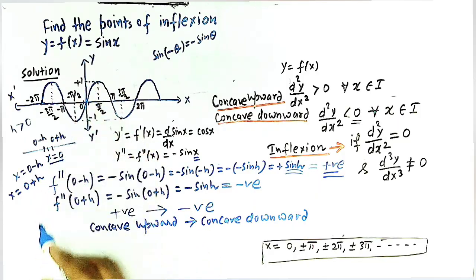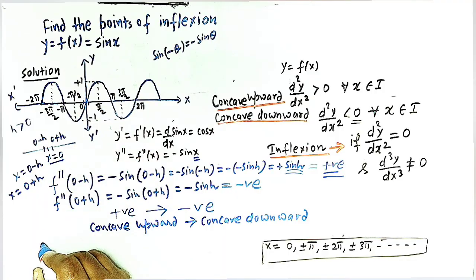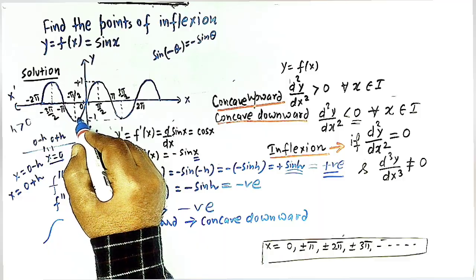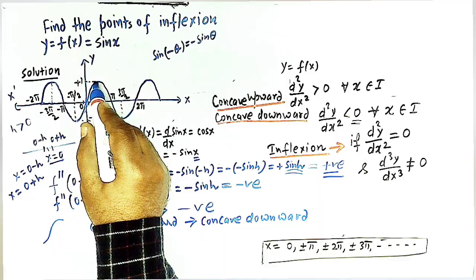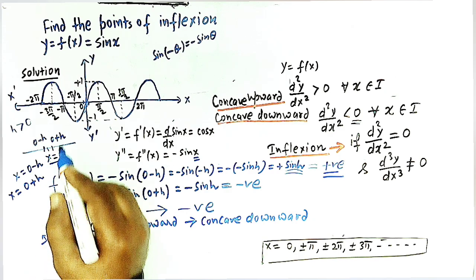So here the shape of the curve is like this, right? So here we have the sine curve, it goes like this. So here we have the point x is equal to 0, right? So here we have concave downward, and here we have concave upward.